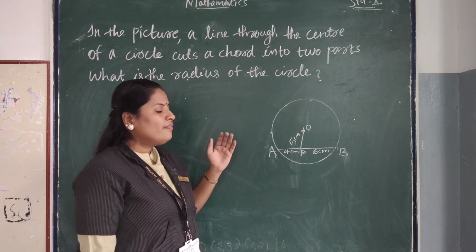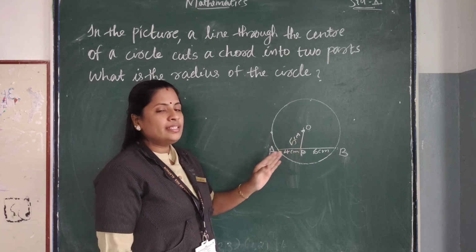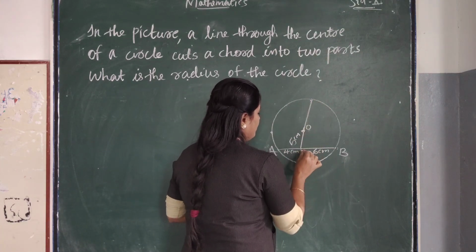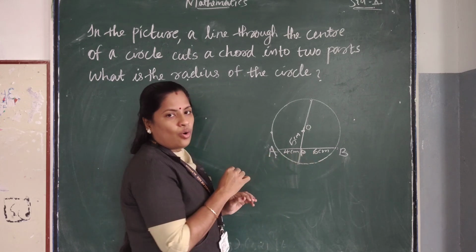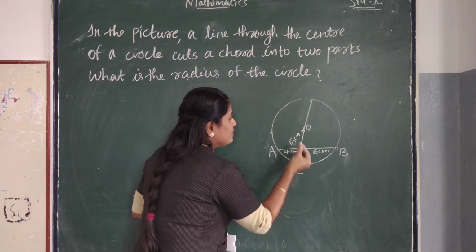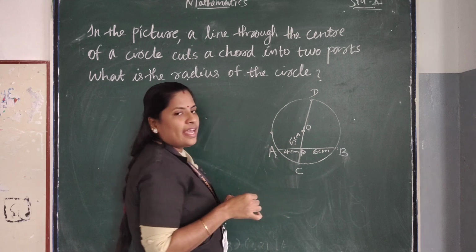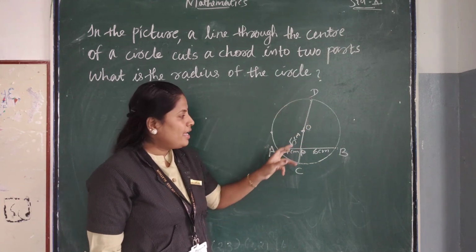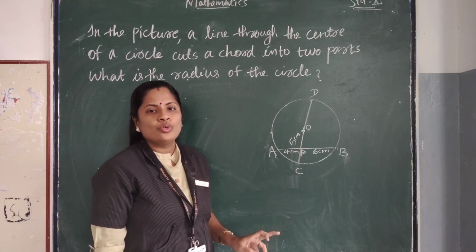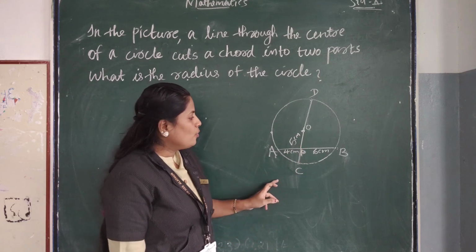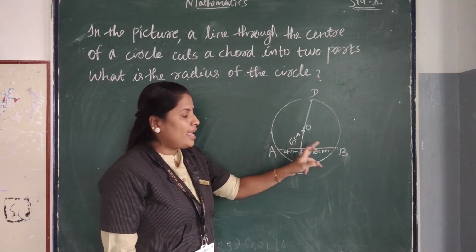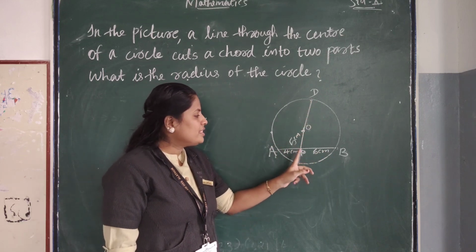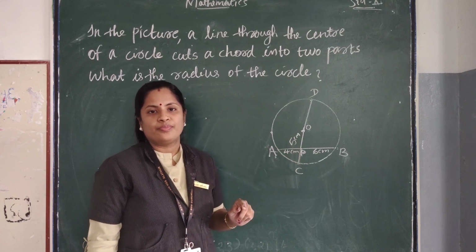For that we have to extend O and P. Then we can name them C and D. So O extended to D and P extended to C. Now we have two chords, AB and CD. The two chords intersect at P.